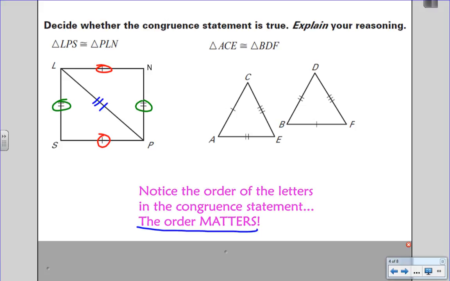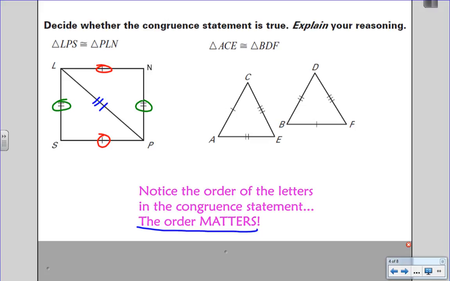Both of those triangles share that side. And what reason can I give that the side is congruent to itself? Because that's important. And that's the reflexive property. Hopefully you thought of that. So I actually have side, side, side congruence between those two triangles that share a side because of the reflexive property, making LP congruent to LP.